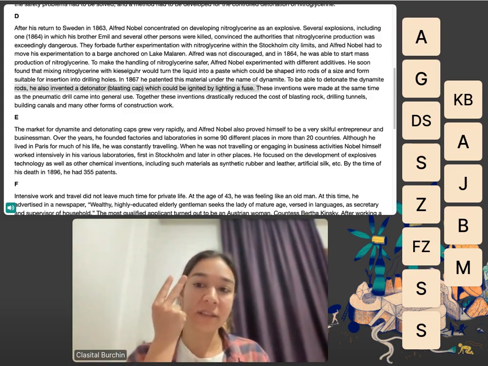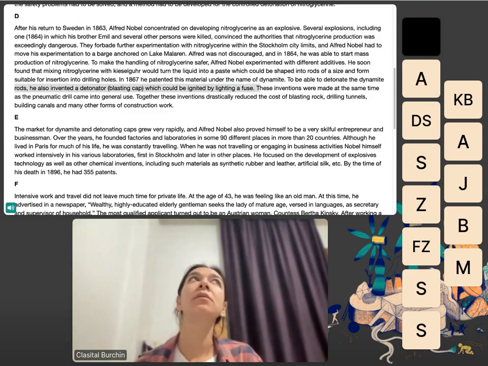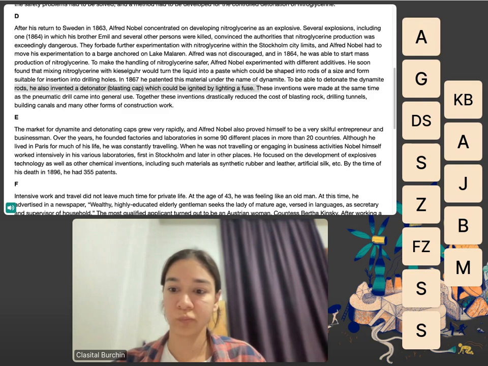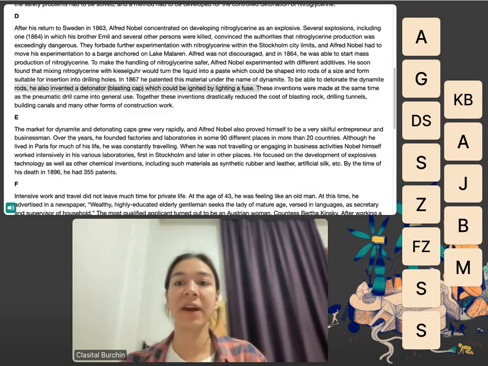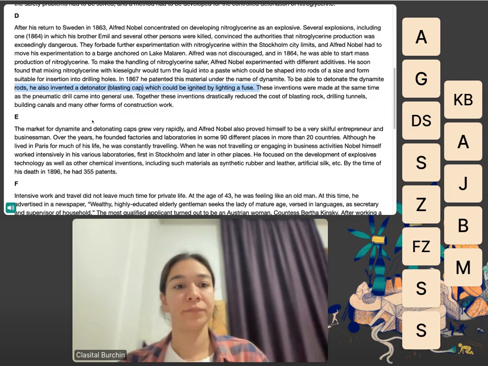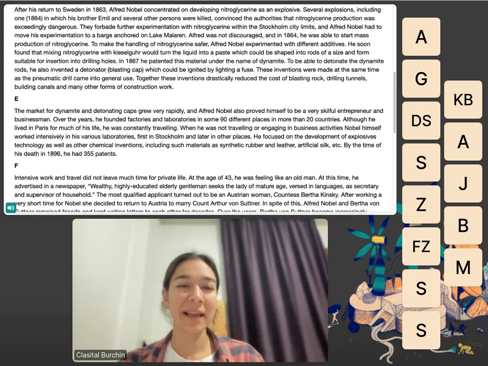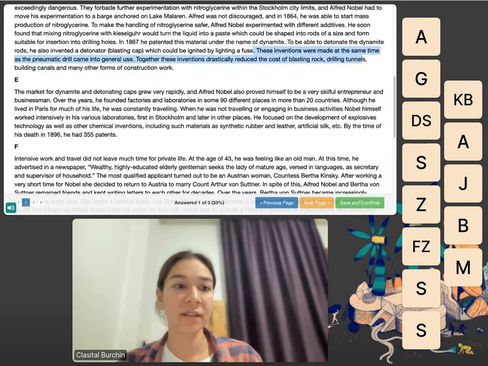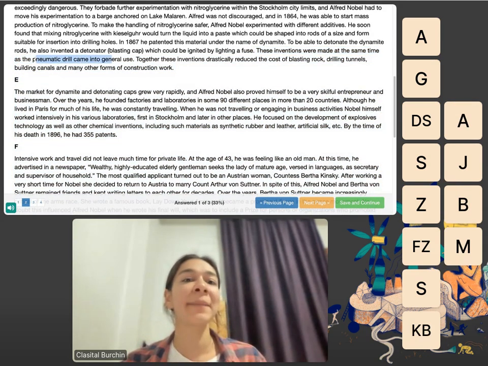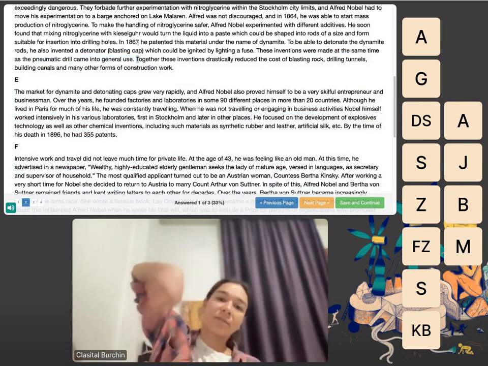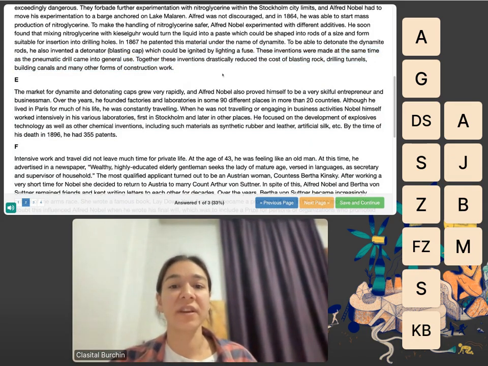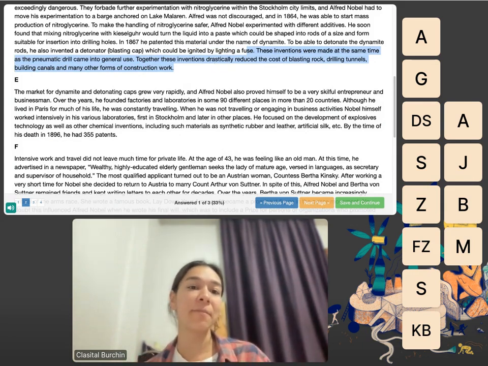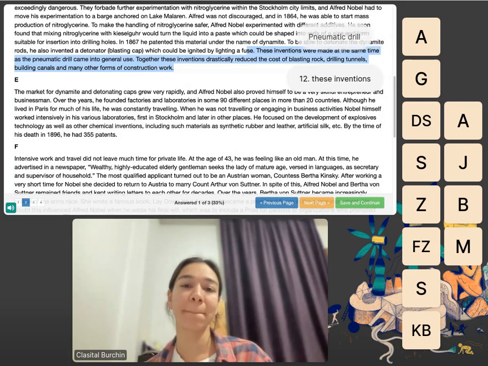So he invented two things along with it. Detonator, very good. He also invented a detonator blasting cap, which could be ignited by a lighting fuse. These inventions were made at the same time as the pneumatic drill came into general use. Together these inventions drastically reduced the cost of blasting rock, drilling tunnels, building canals, and many other forms of construction work.